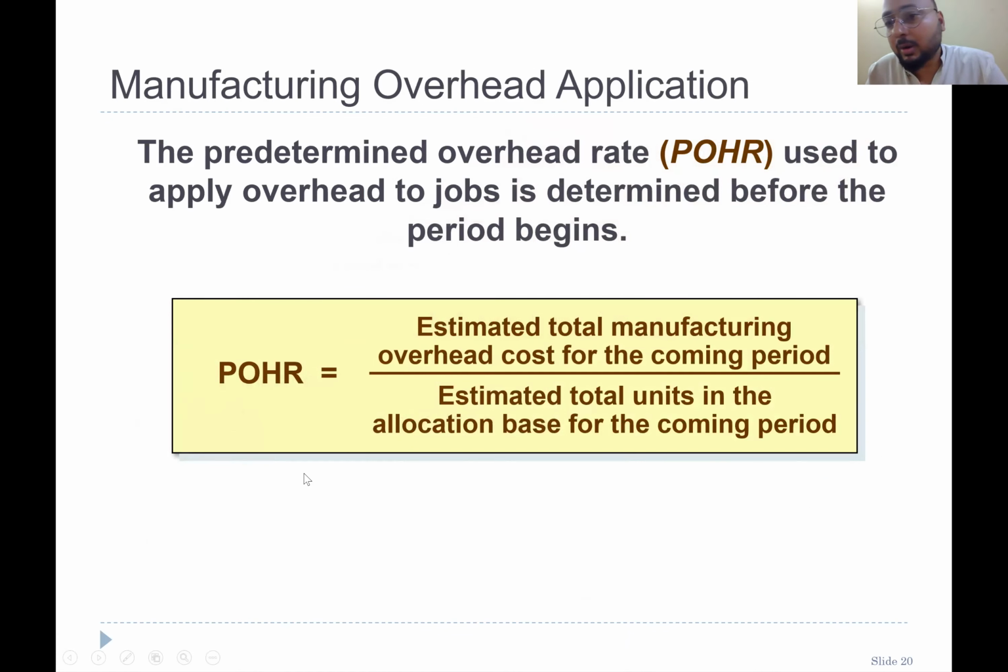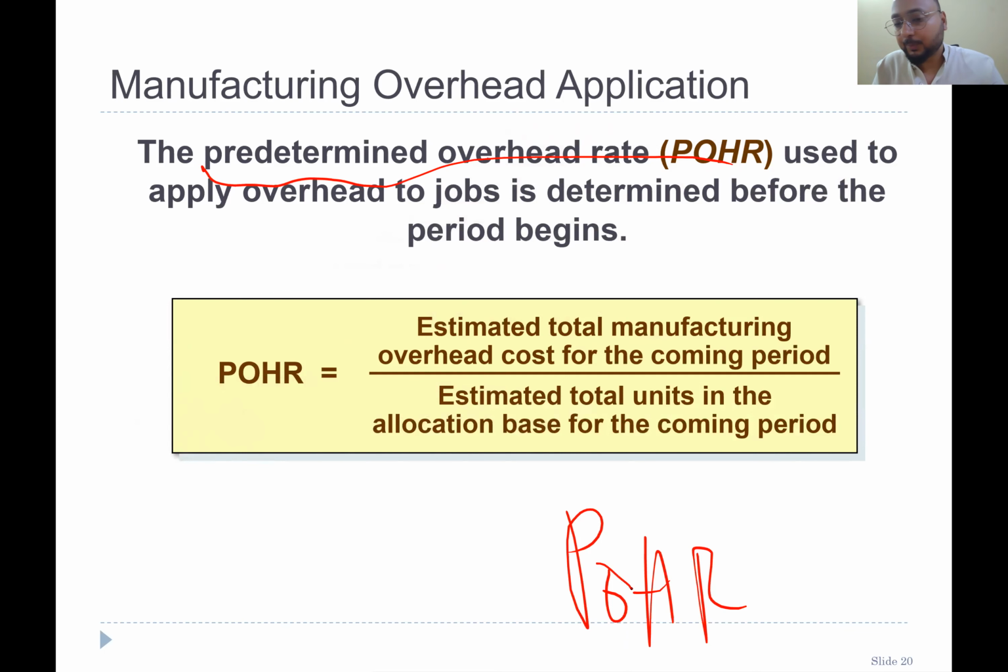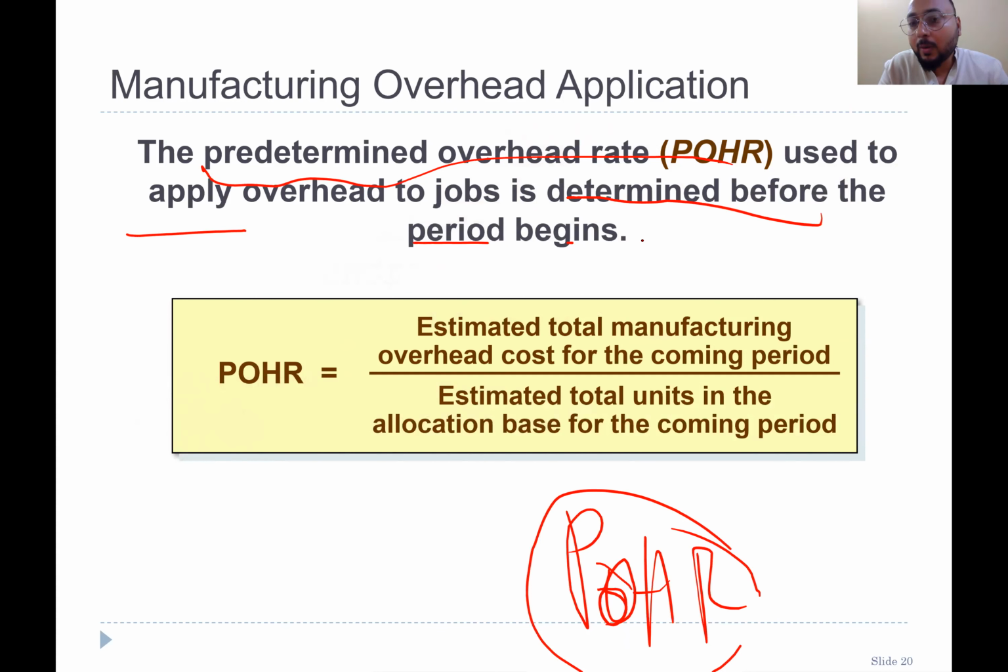Okay, manufacturing overhead rate, the things that I explained, we call it estimated or applied or predetermined overhead rate. We call this POHR, which means before going into actual production, you estimated this would be my per unit manufacturing overhead. So we call this predetermined overhead rate. The predetermined overhead rate is used to apply overhead to jobs before the production begins, right?